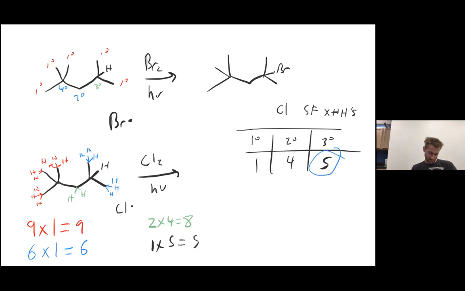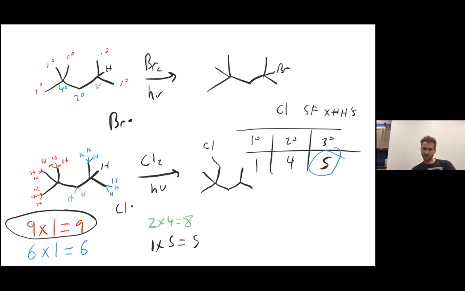So from this, we can determine that chlorinating is most likely to happen on one of these primary positions because it gives us the highest likelihood based on our math. So our major product would be putting a Cl over here.